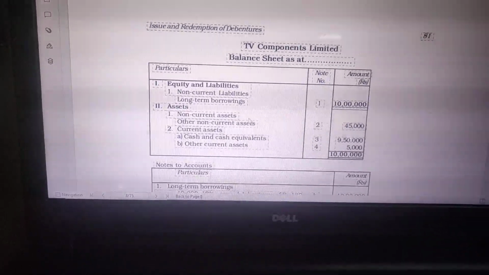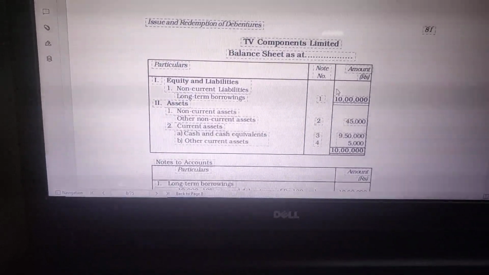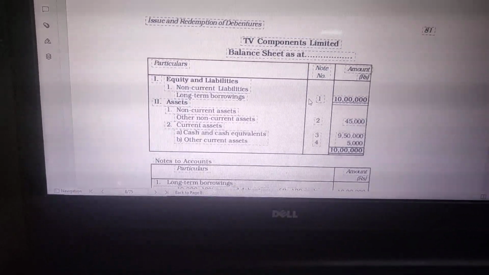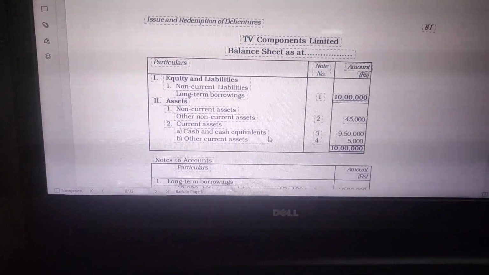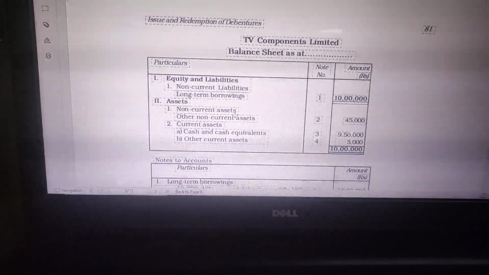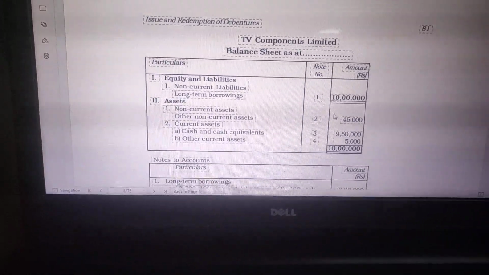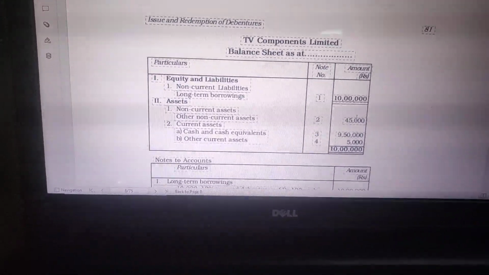Then moving on to the assets. Note number 1 will be the equity and liabilities note. Then the second item, assets, non-current assets, other non-current assets. There is note number 2, 45,000.